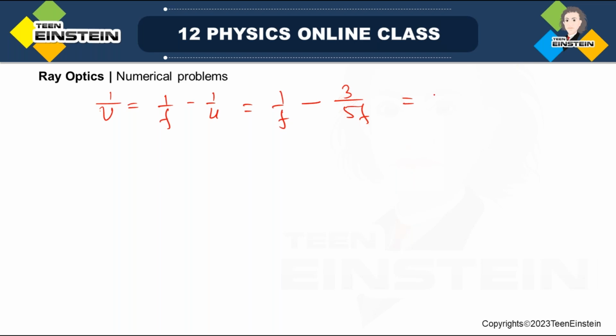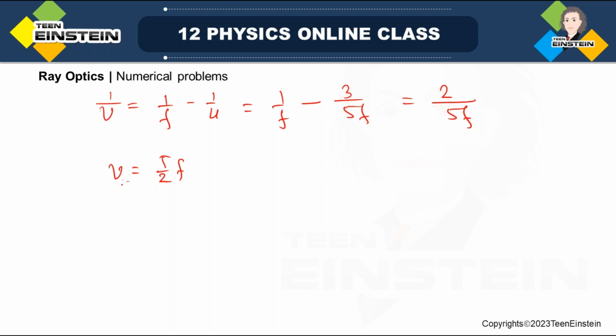So it would give you 2 by 5f then. Now v is obtained, the position of the image. Where is the object position? So this is 5 by 2 into f. This is the image position.